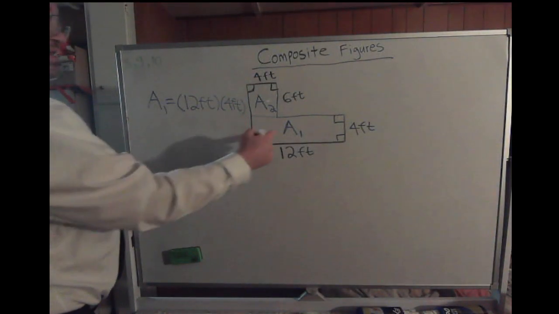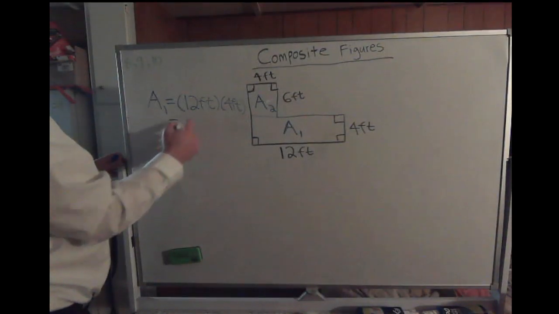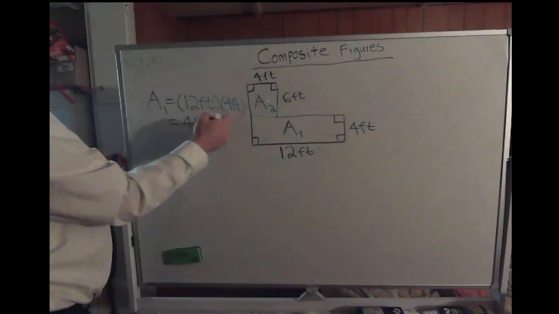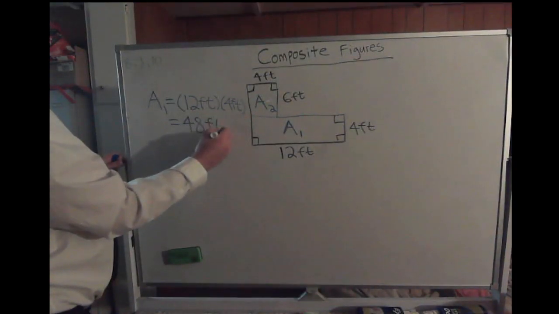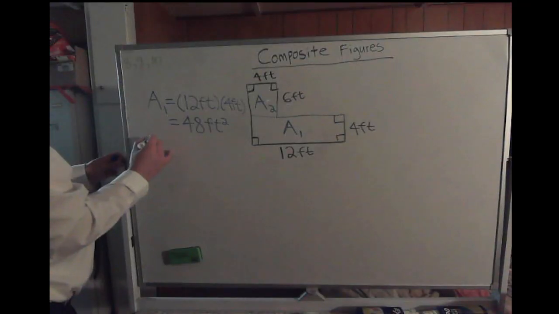Right? To find the area of this rectangle here, well, area 1, 12 times 4, that's 48. Feet times feet, that's feet squared. So we got the first area being 48 square feet.